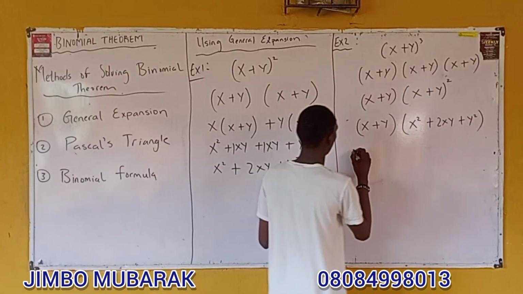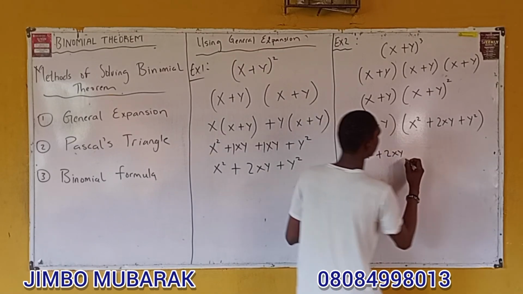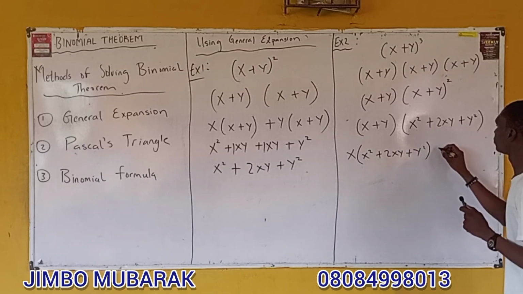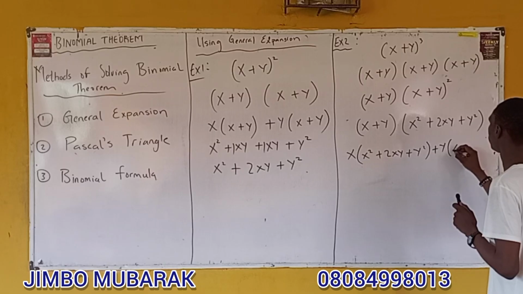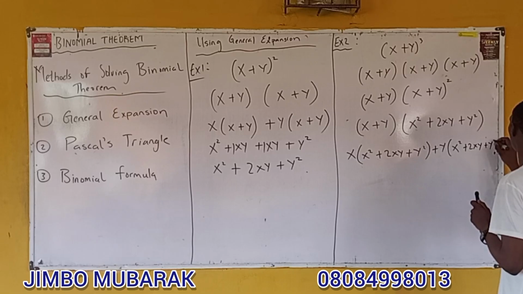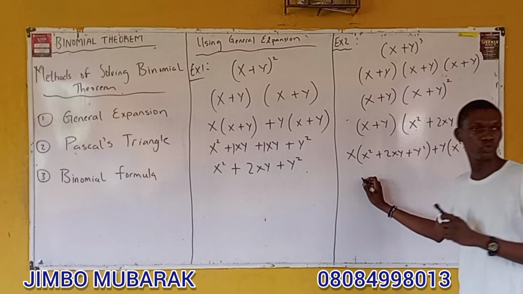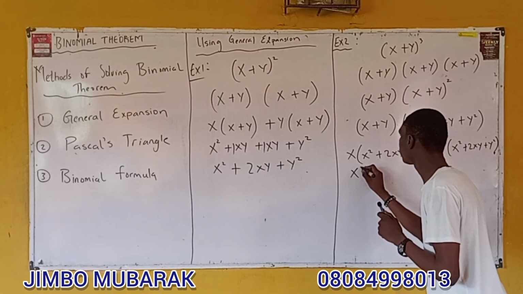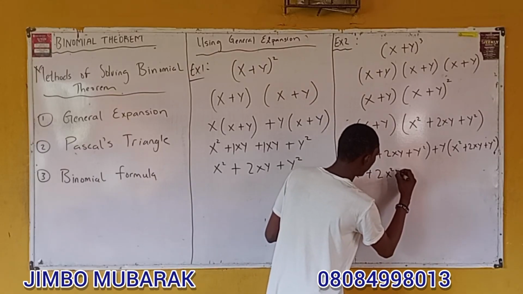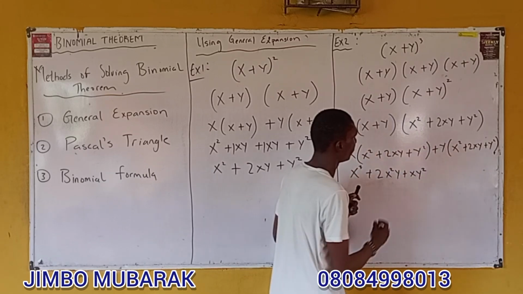We have x open bracket x square plus 2xy plus y square, close the bracket. Plus y open bracket x square plus 2xy plus y square. So x times x square is x cube, plus 2x square y, plus xy square.